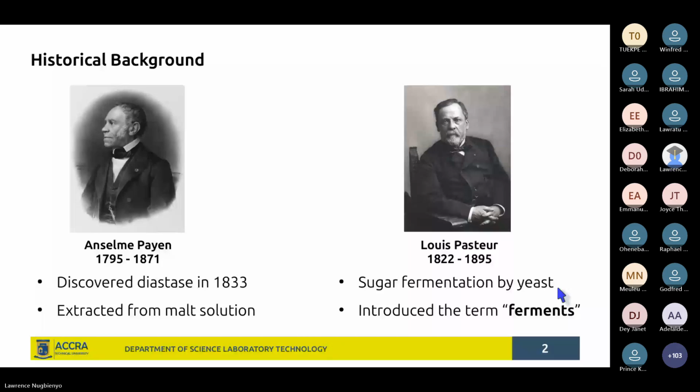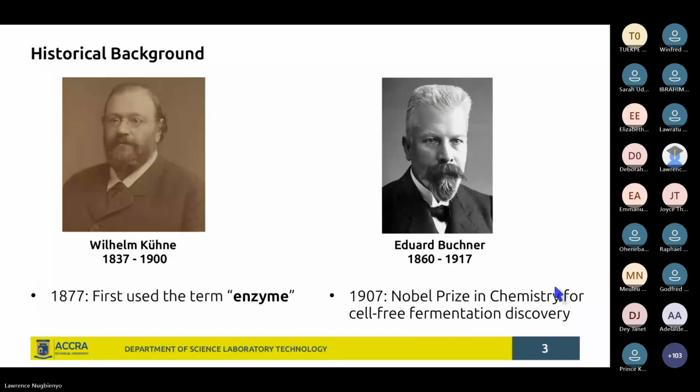Now, later in Germany, we had Wilhelm Kuhne, a German physiologist. He was the first to actually use the term enzyme, which he coined from the Greek word enzymon. Enzymon refers to the process of leavening in baking.